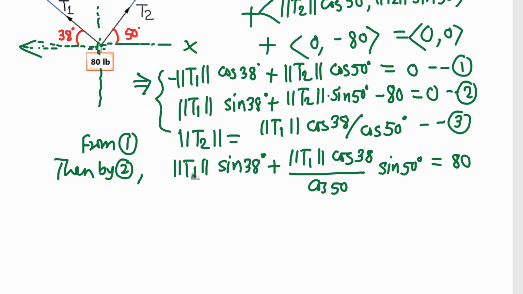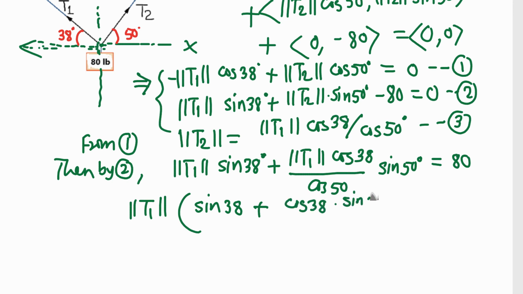This term has magnitude T1, so we can factor out T1, which leaves sine 38, a decimal number, plus cosine 38 sine 50 over cosine 50, equals 80.